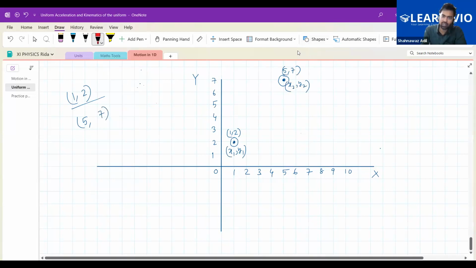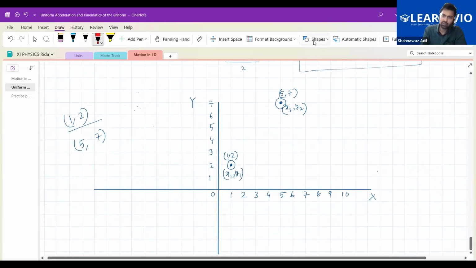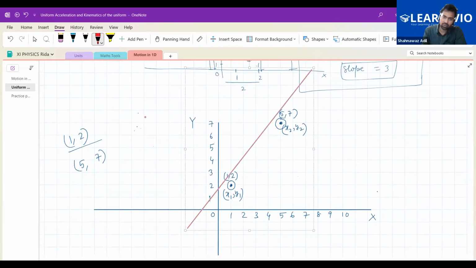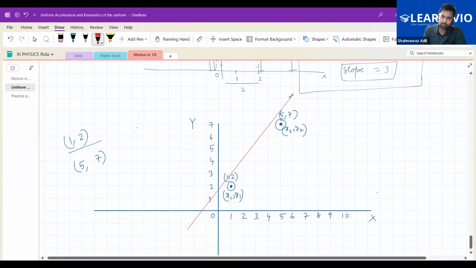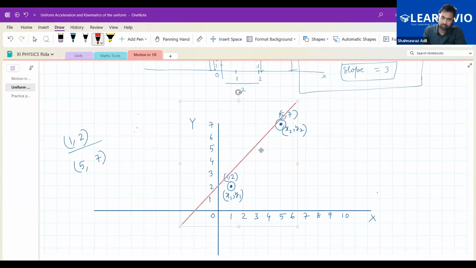If I draw this straight line, okay, so finally it is there.